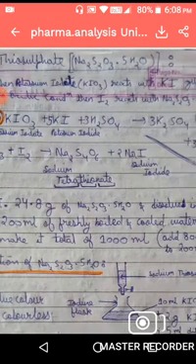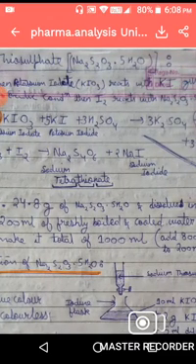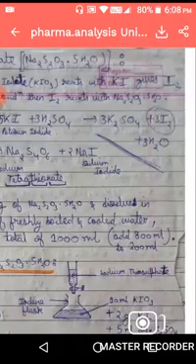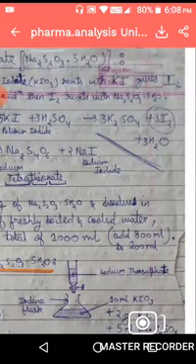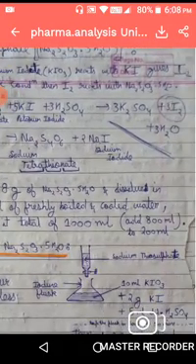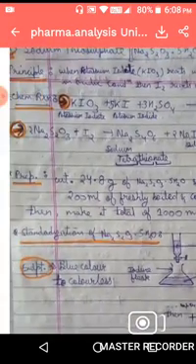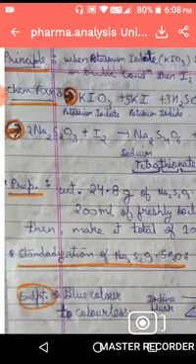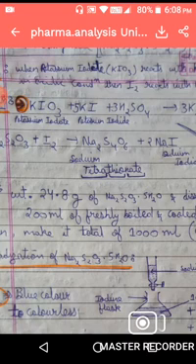KIO3 plus KI plus H2SO4 for providing acidic condition gives us K2SO4 plus I2 plus H2O. This I2 further reacts with sodium thiosulfate and gives us sodium tetrathionate.